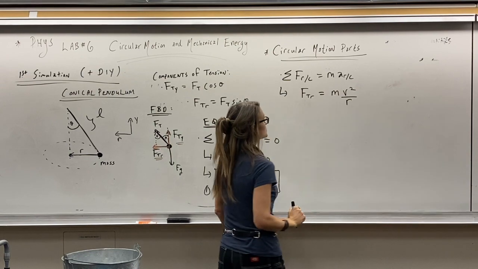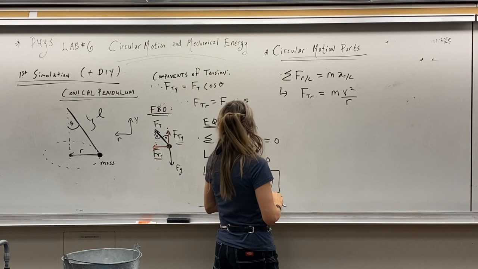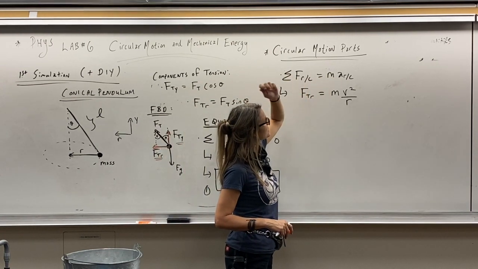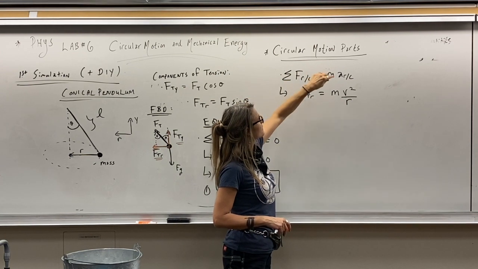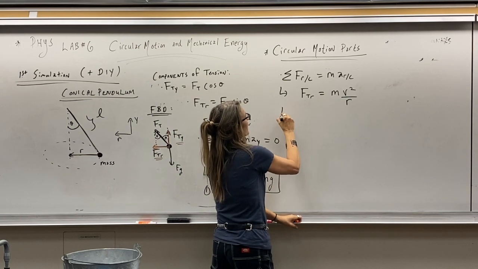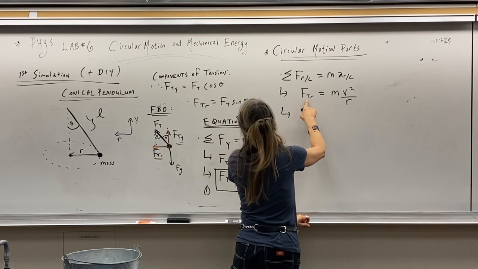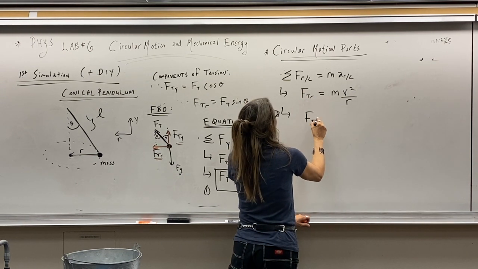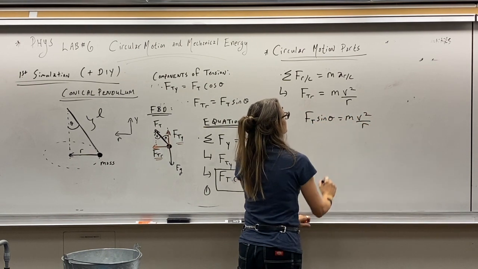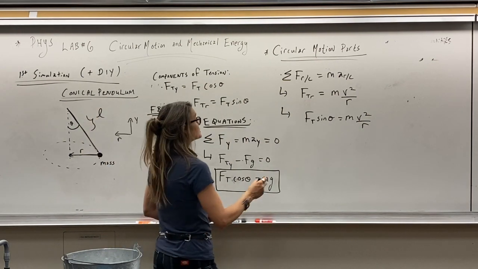If you do your substitutions, you'll see that we get FT sine theta equals mv squared over r. And that gives you another equation.